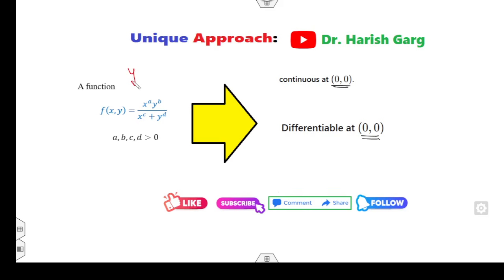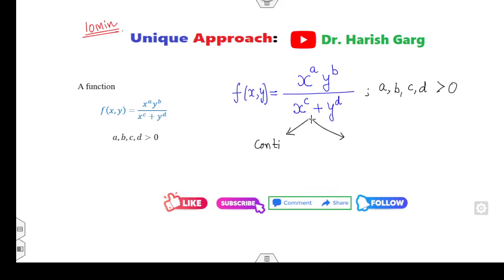I know that you always solve with y equal to mx, y equal to mx square and so on, but that will take at least 2 minutes to solve an examination question. But I will tell you a unique approach for when such a function is said to be differentiable or continuous.